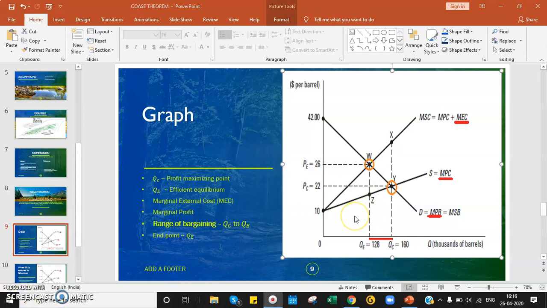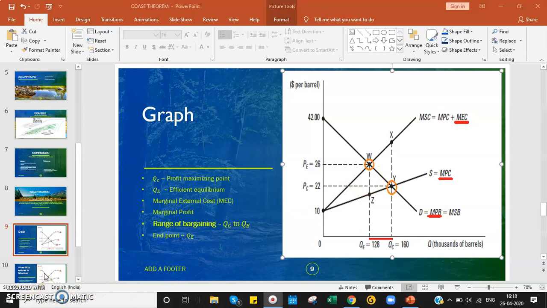Now if we move beyond QE, that is, if we go left of QE, we see that the marginal profit is more than marginal external cost. That means that fishermen will no longer be able to compensate the loss in profit incurred by the industry beyond the point QE.